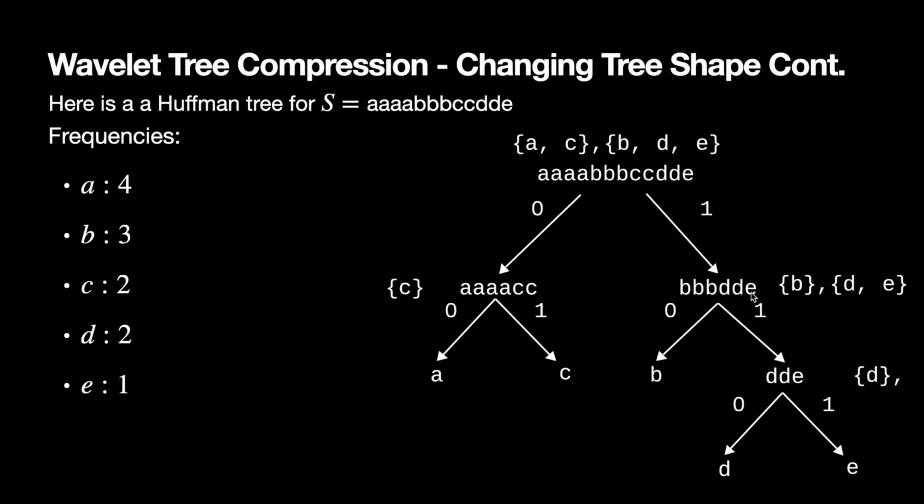Then in the right child, considering BBBDDE, the frequency of B is 3, and the frequency of D plus E is 2 plus 1, which equals 3. So again, we've achieved an equal split. B is immediately split off into its own leaf node, and then we end up with DDE, and those are split into leaf nodes as well.